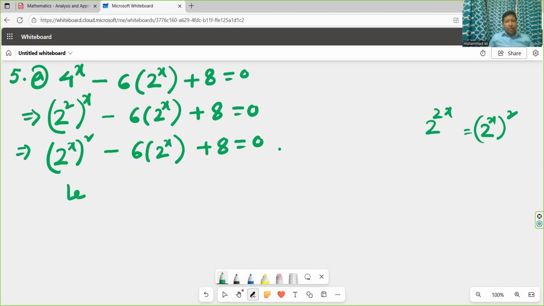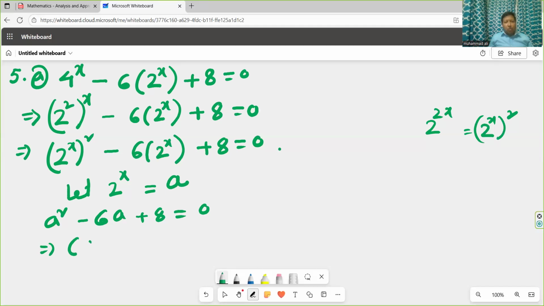Now let 2 to the power x equal a. So a squared minus 6a plus 8 equals 0. If we do factorization, we get a squared minus 4a minus 2a plus 8 equals 0.